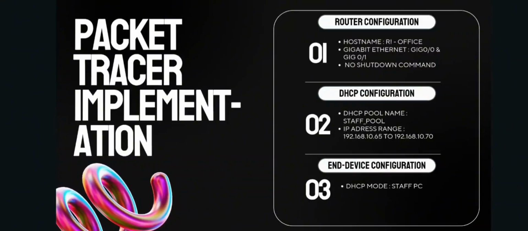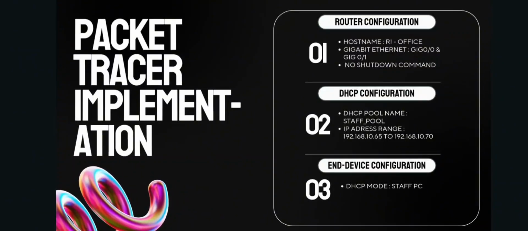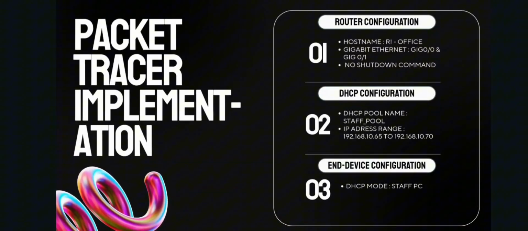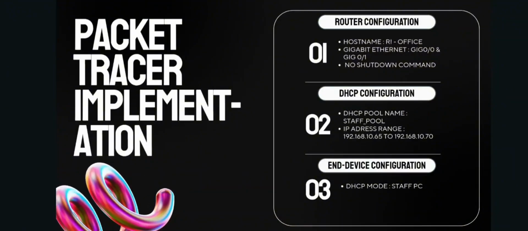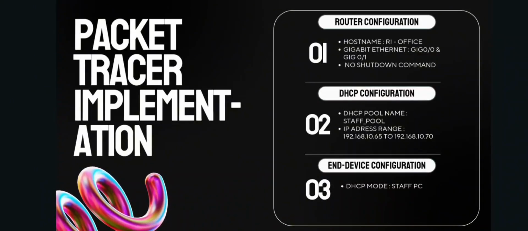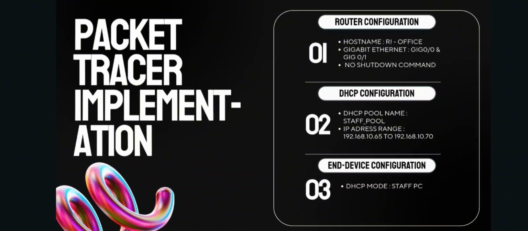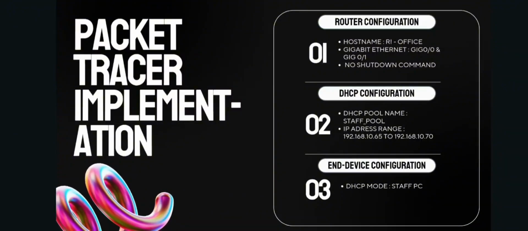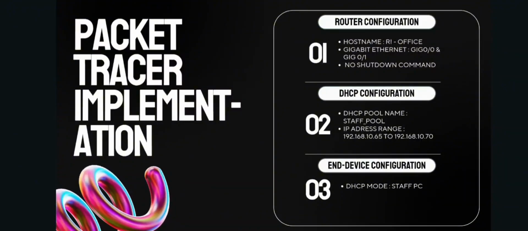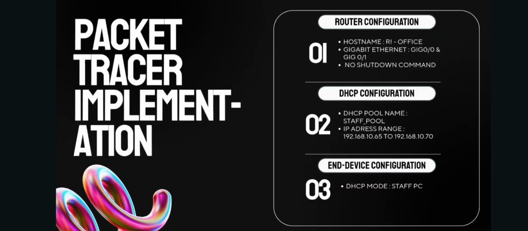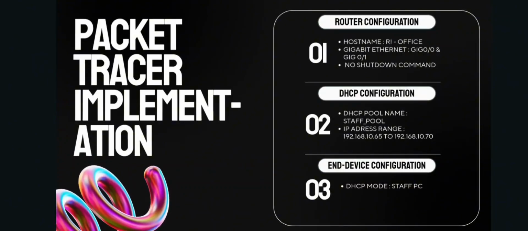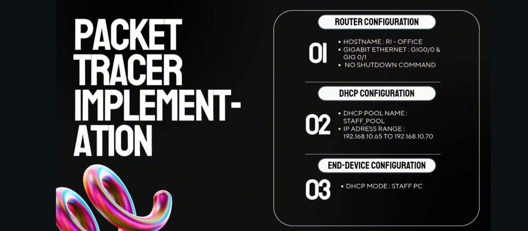The second device configuration is DHCP configuration. For the staff network, we configured DHCP on the router. A DHCP pool named staff_pool was created by us. We excluded the IP address range from 192.168.10.65 to 192.168.10.70.